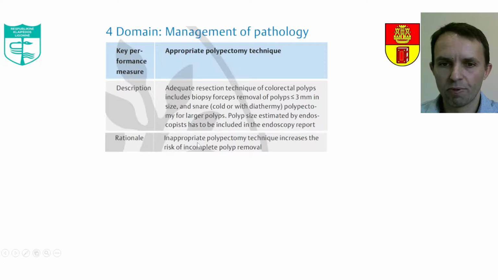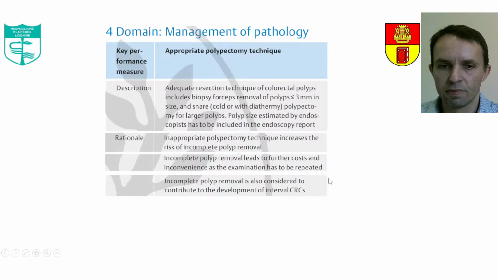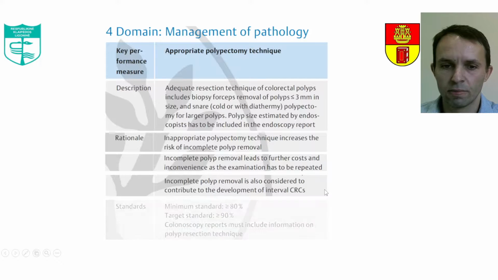Because inappropriate polypectomy technique increases the risk of incomplete polyp removal. And incomplete polyp removal leads to further costs and inconvenience as the examination has to be repeated. Incomplete polyp removal is also considered to contribute to the development of interval colorectal cancers.